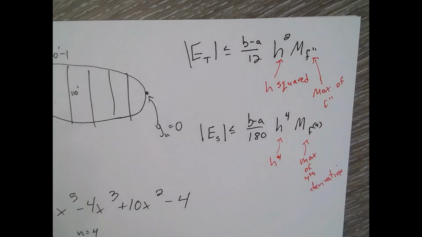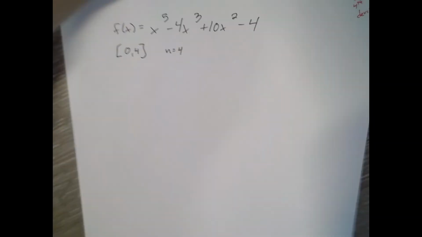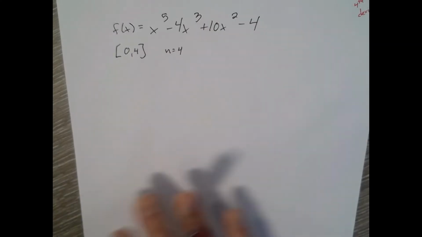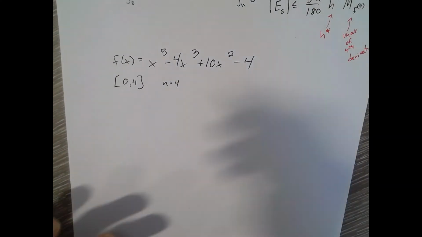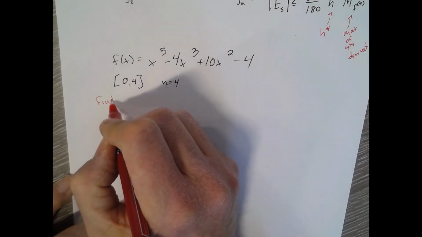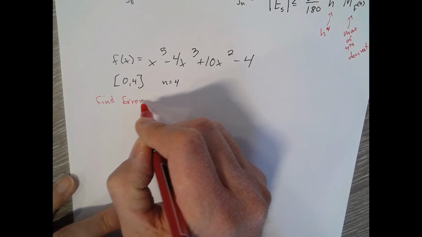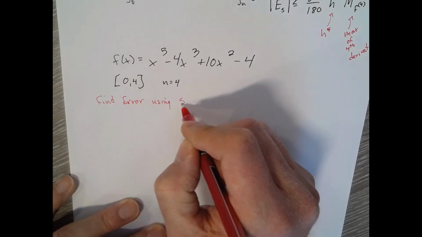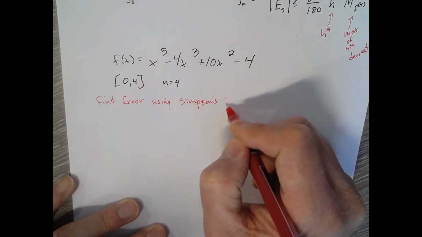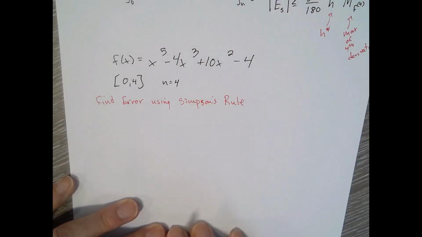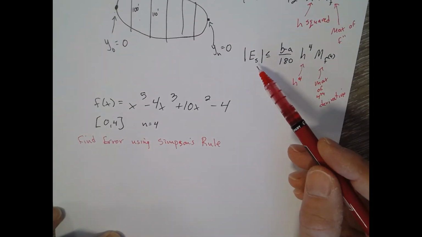All right, so if we have this for our equation and we're going from 0 to 4, let's find the error using Simpson's. Okay, so here's our error for Simpson's.